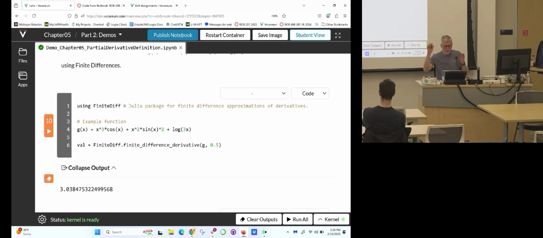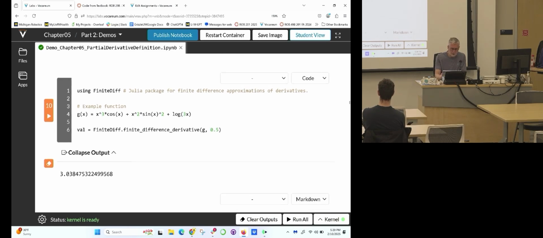If in the end you're getting functions and all you really want to do is evaluate them at points, and you would like them to be real numbers when you evaluate them and not this crazy numeric type that comes out of this symbolic package, I find numdiff and finite diff to be really great for that.